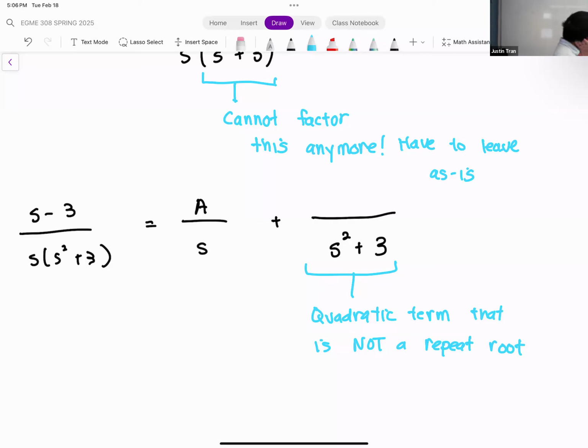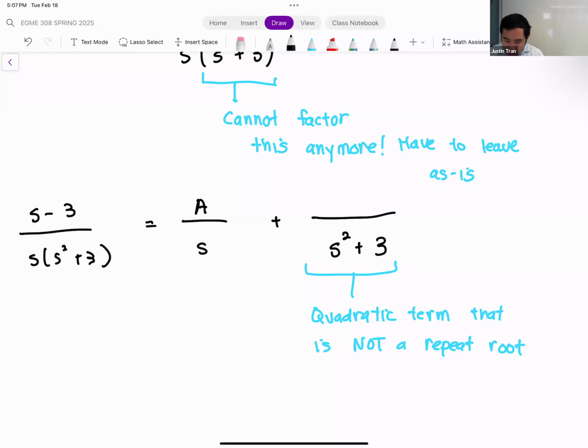The last one we had s minus 1 quantity cubed. Even though that was technically cubed, it was the same root, the same s minus 1, just repeated 3 times. So this is different. We have a quadratic term here, s squared plus 3, but it's not a repeat root. It's just an extra artifact.